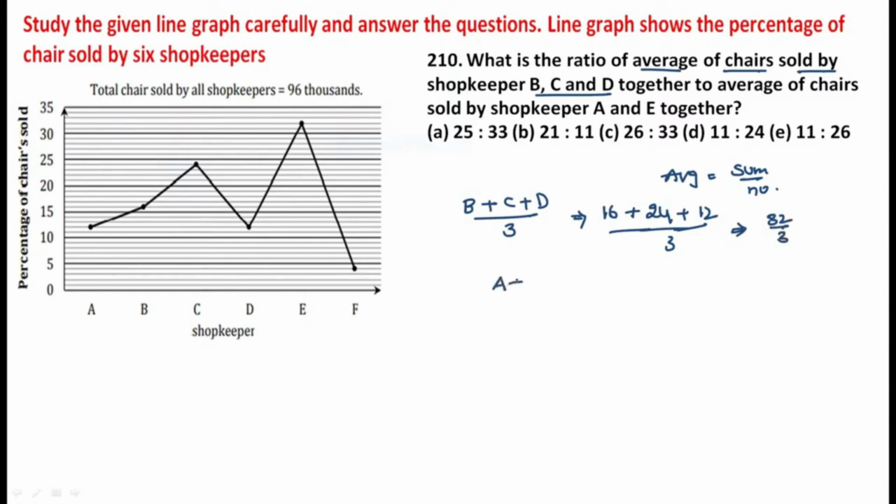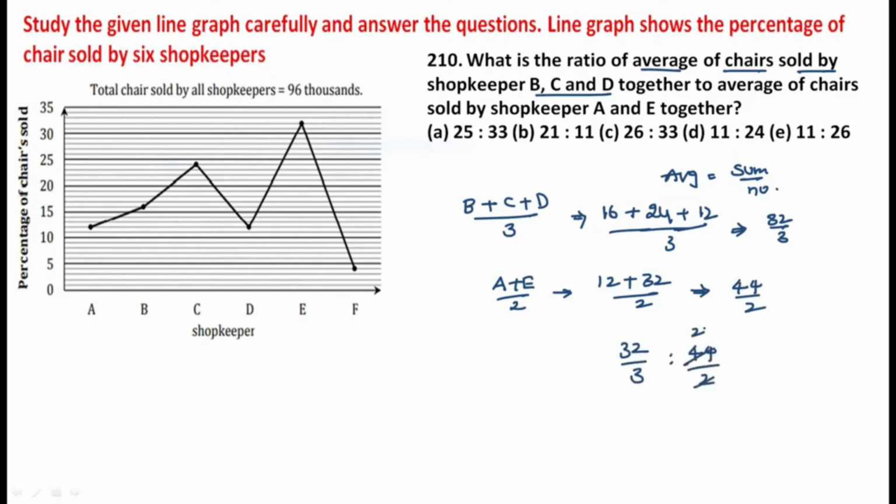In the same way, A and E together. Again, average means the denominator has only 2 units. Why? Because A and E together is 2. A value is equal to 12 and the E value is exactly equal to 32, divisible by 2. Now what is the answer here? So 44 by 2. Now the final ratio here is 32 by 3 is to 44 by 2.